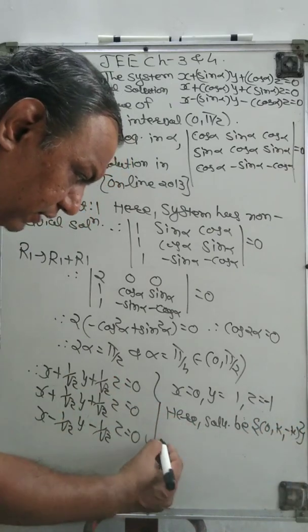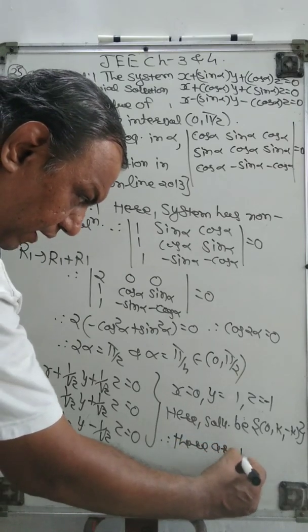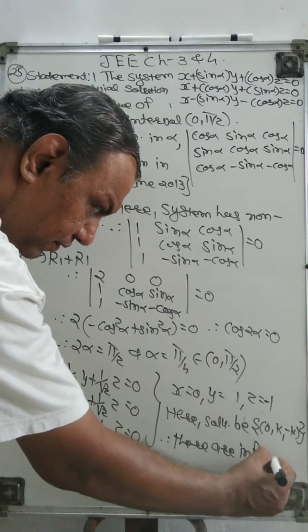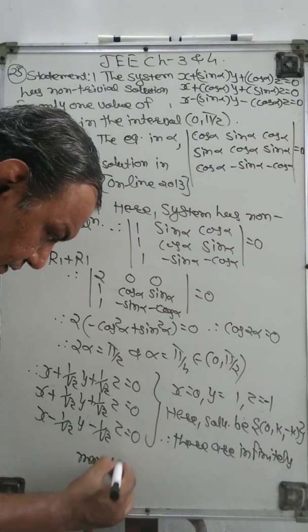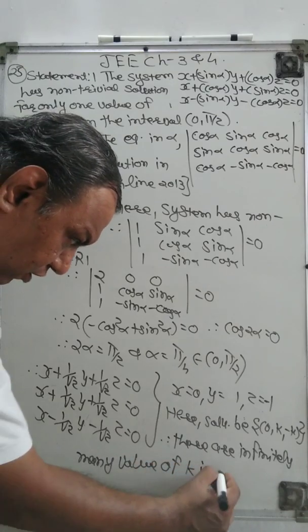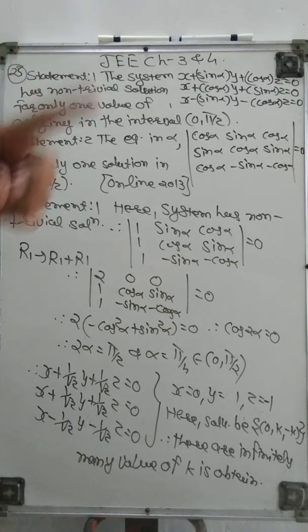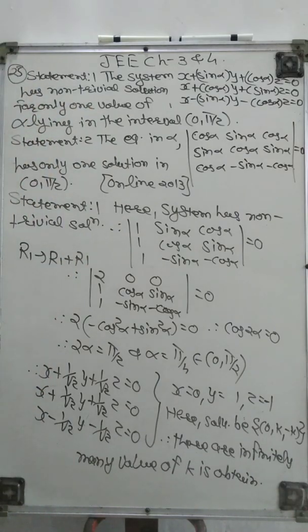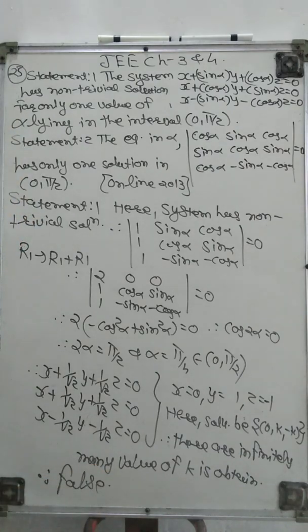Therefore infinitely many values of k are obtained. So the equation has a non-trivial solution but infinitely many solutions. Therefore the statement is false. This first statement is false.